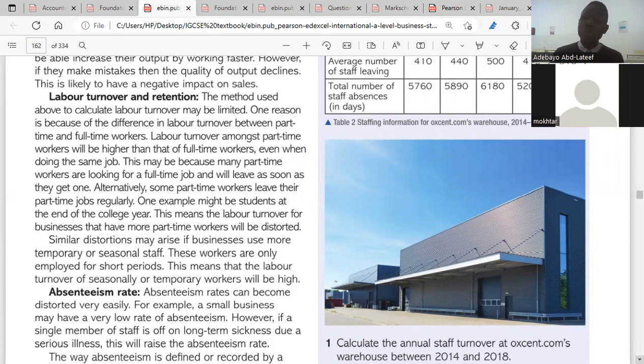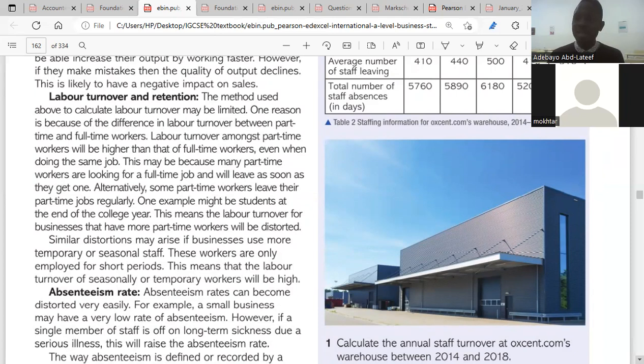So the more part-time workers you have, the higher the labor turnover. The more full-time workers you have, the less labor turnover it will be. So it becomes difficult to use labor turnover rate or labor retention rate to calculate labor turnover because of part-time workers and full-time workers.